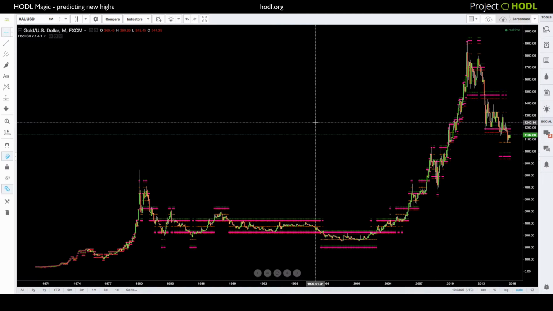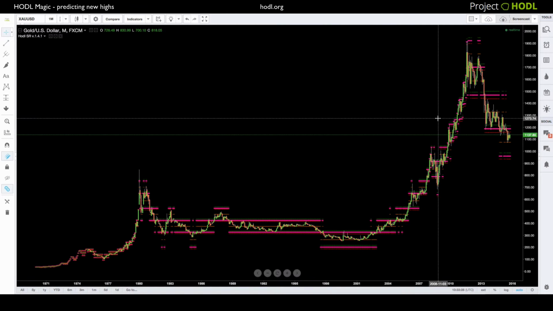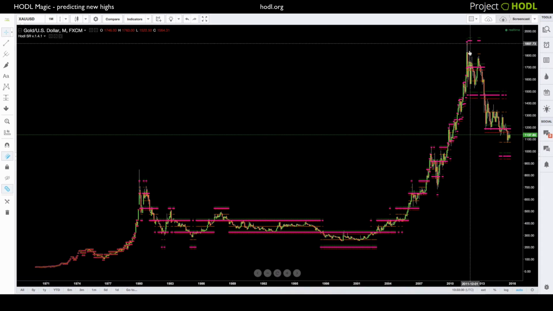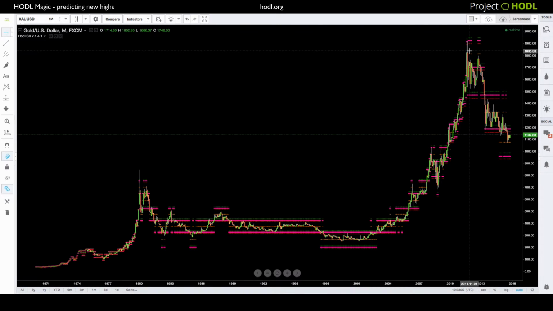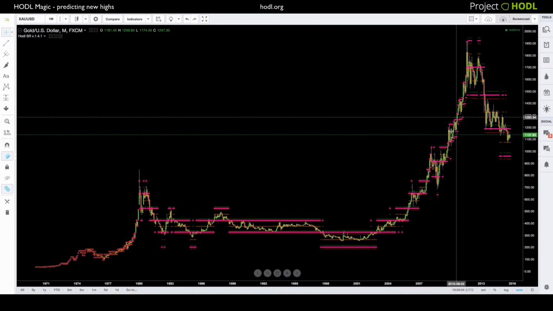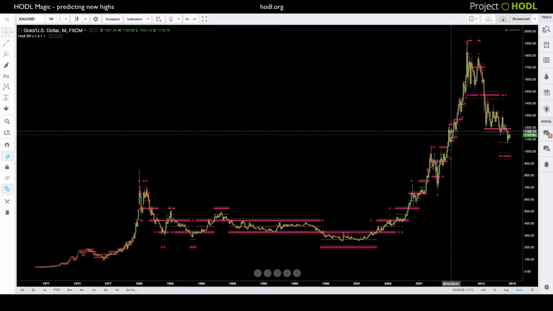As you probably already found out, the HODL SR levels before the highest high are kinda garbled, and that is a TradingView scripting limitation, or I just don't know how to script it properly.